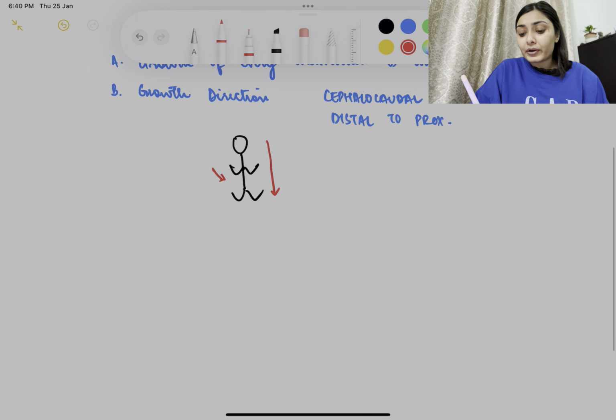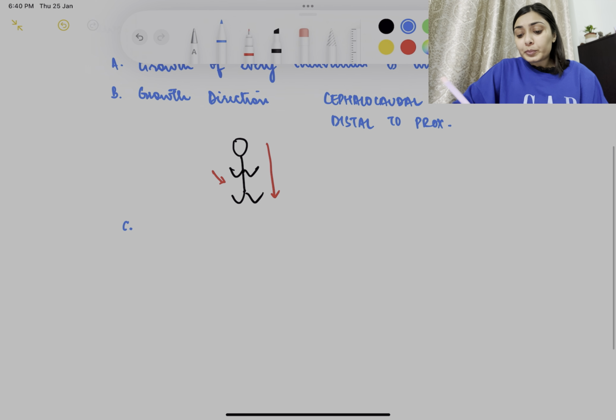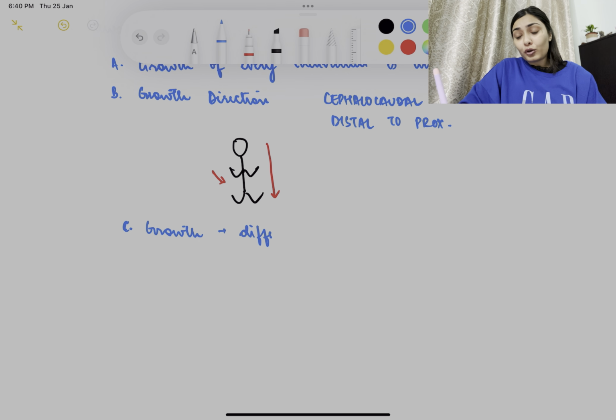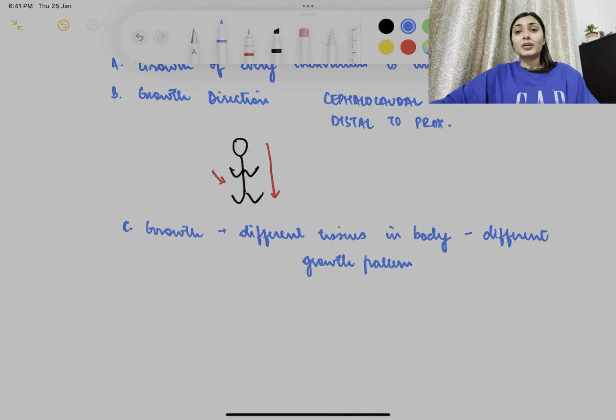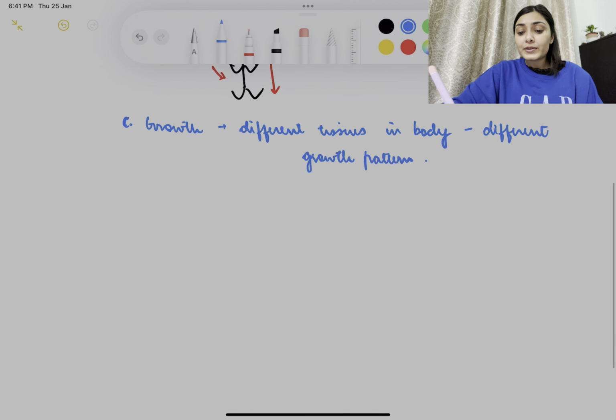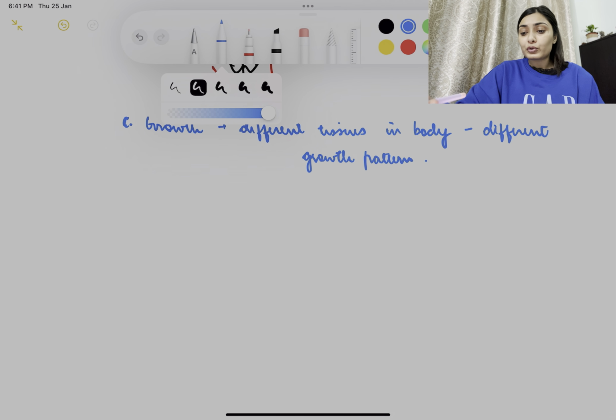The third law here is that the growth of different tissues in the body will have a different growth pattern. To explain this law, I'm going to draw four curves.